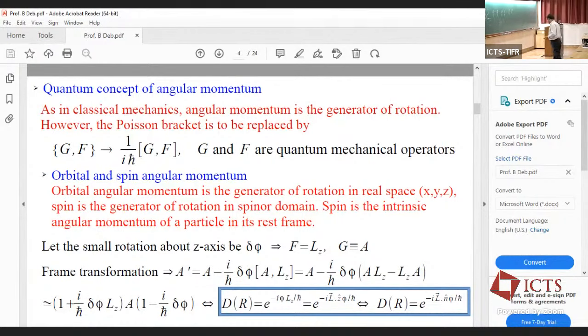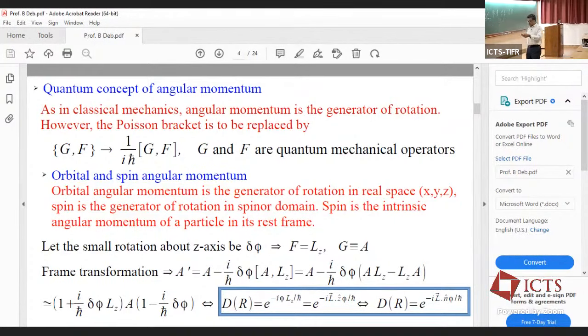When you introduce this i, these generators give unitary operators. I mean, not the generators, but the rotation matrices.